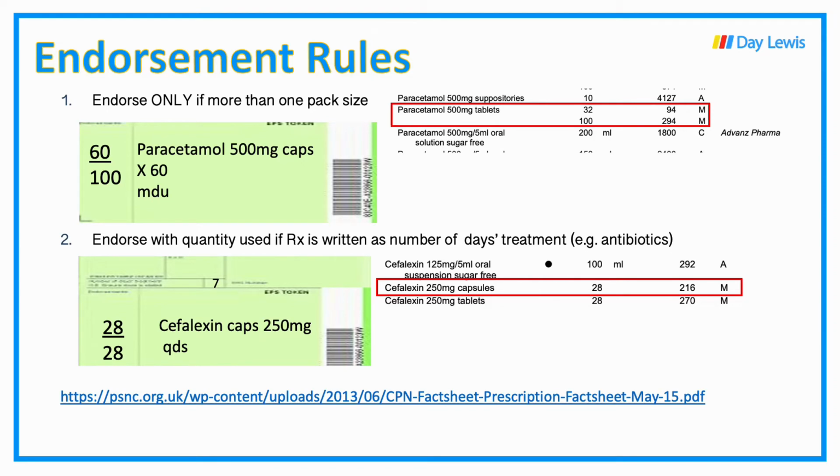Okay, so they've told you we need to treat for 7 days. So you're going to give one 250 milligram capsule 4 times a day for 7 days, and so have endorsed that appropriately as giving 28 capsules from a 28 box, or 1 times 28 box.